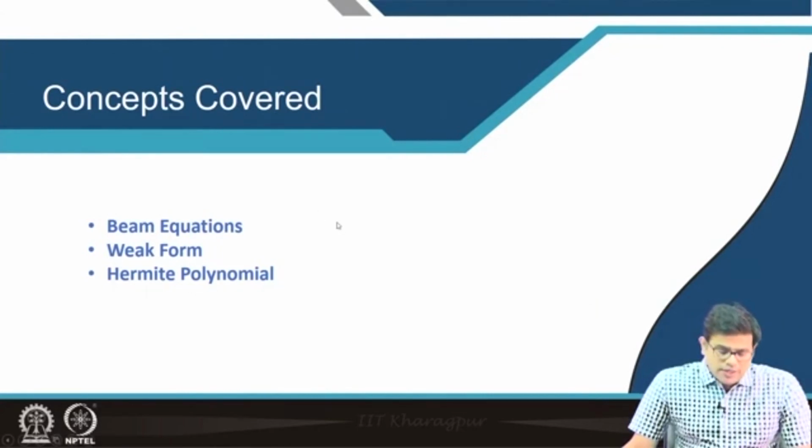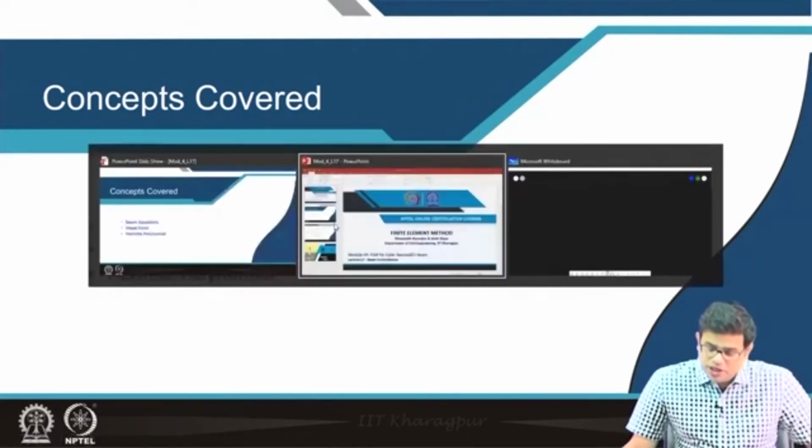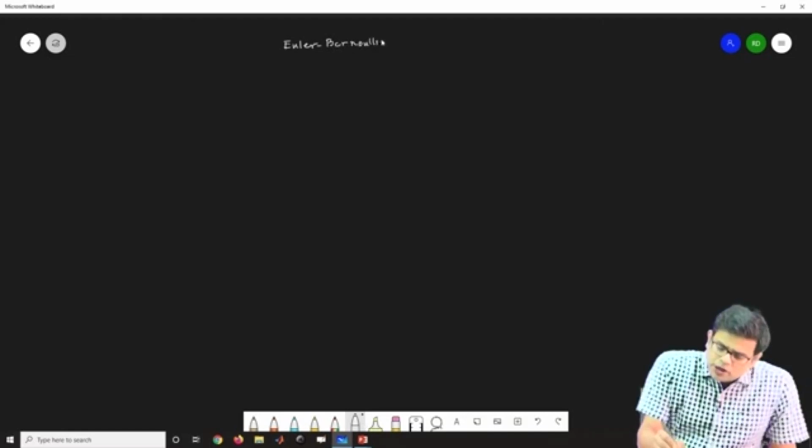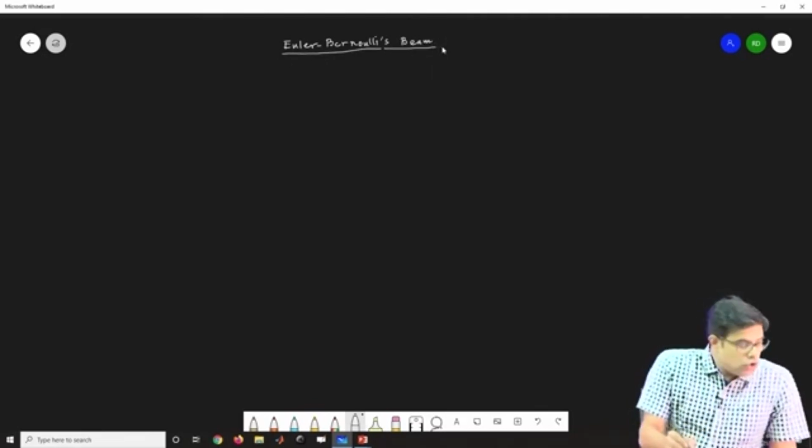Now, let us start with the beam formulation or beam equation, what we have studied probably in first year mechanics or later days. The Euler-Bernoulli beam has some speciality in this beam theory that we all know.